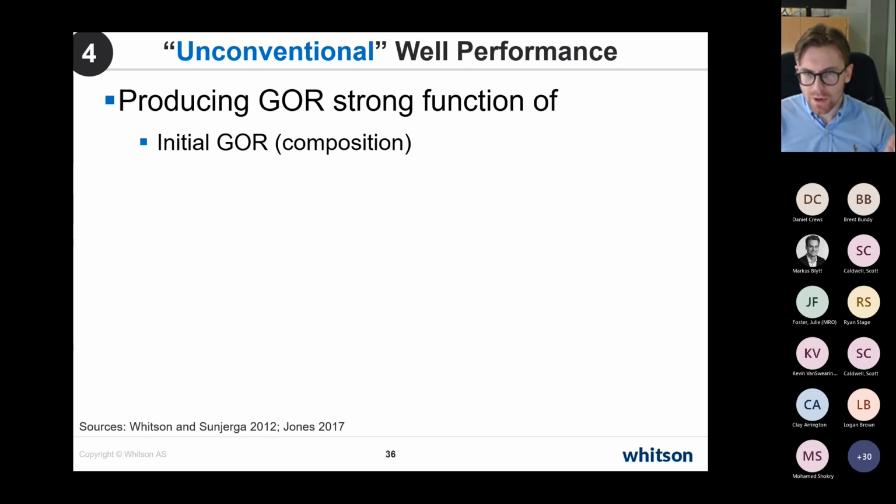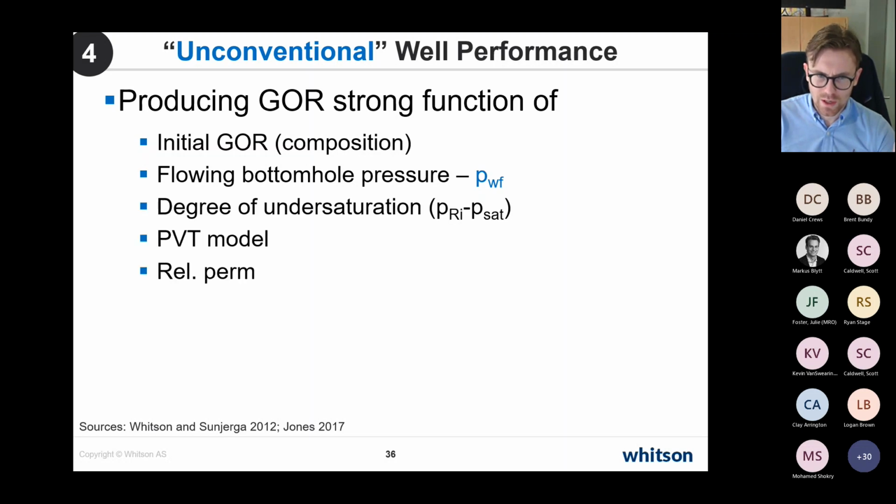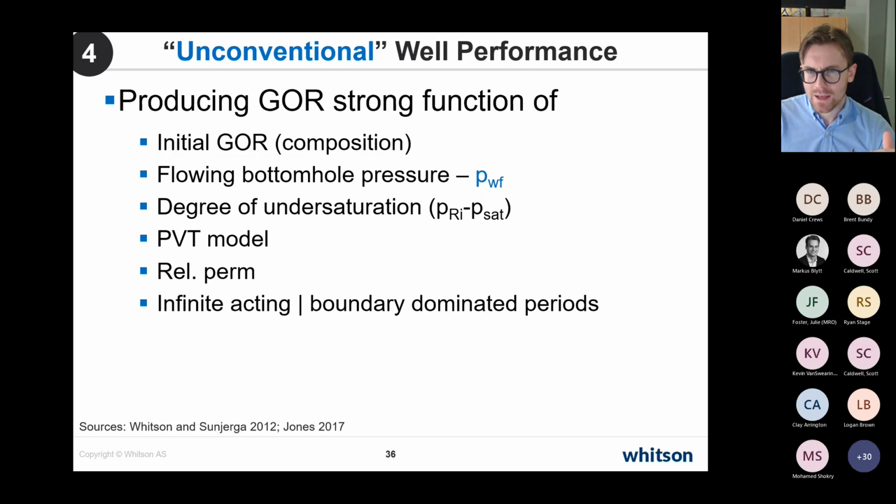That's a given, but it's also a very strong function of your flowing bottom hole pressure. That's very characteristic when you're in infinite acting flow or transitional flow. It's also a function of all these other things that I'll skip, but those are the same as in conventional reservoirs.